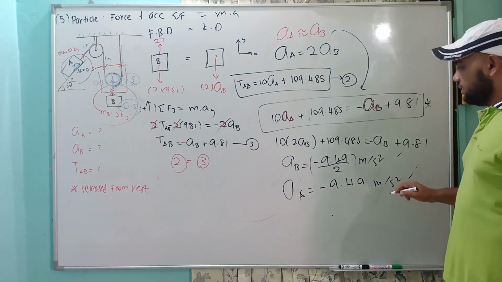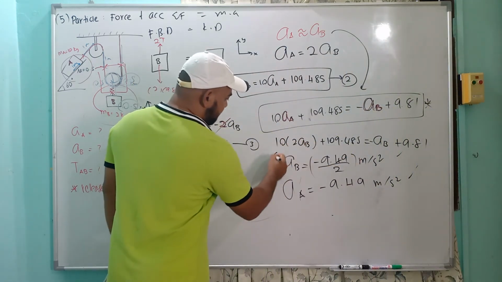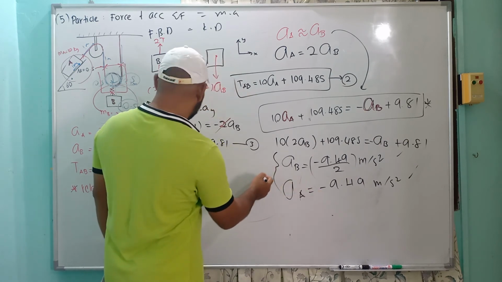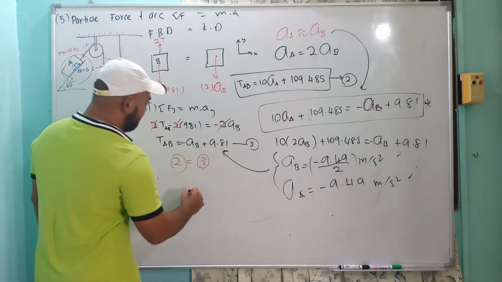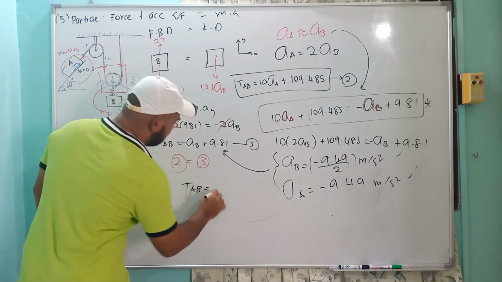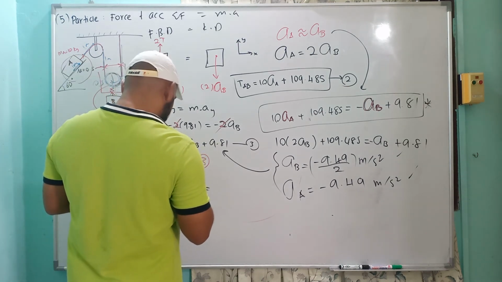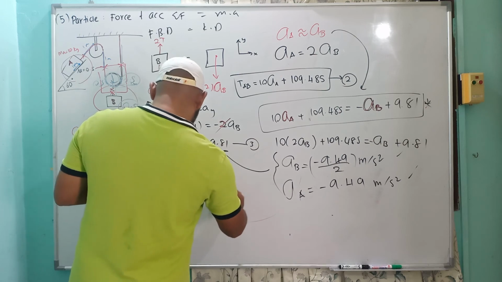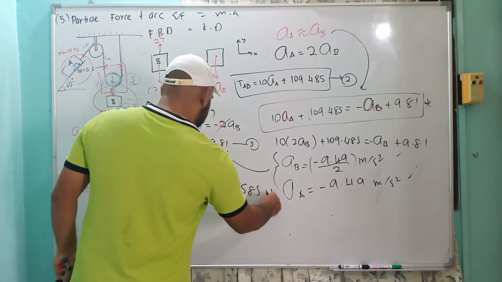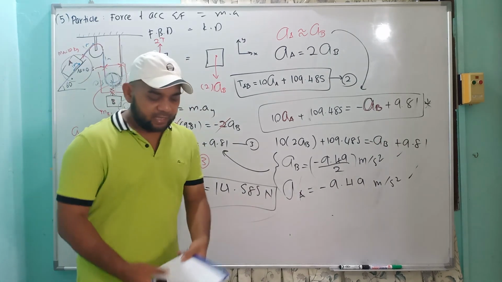We can replace them in the equation, and then TAB is equal to 14.585 Newton. This is the TAB.